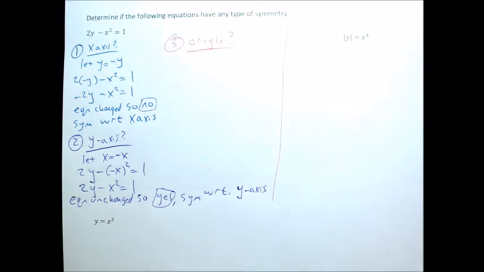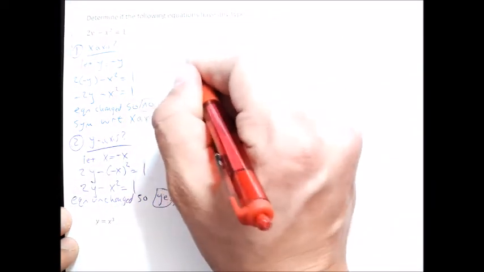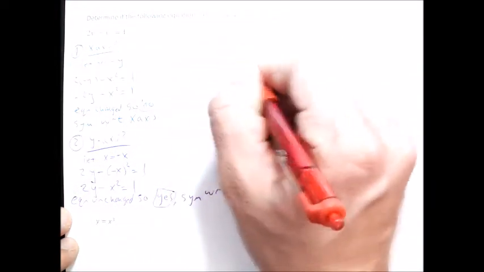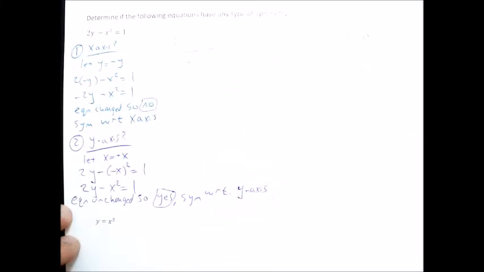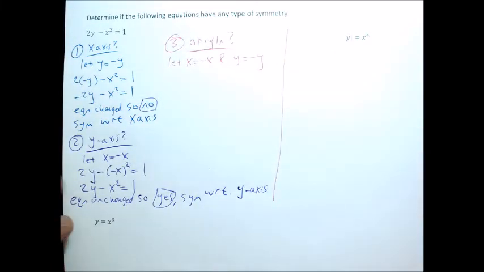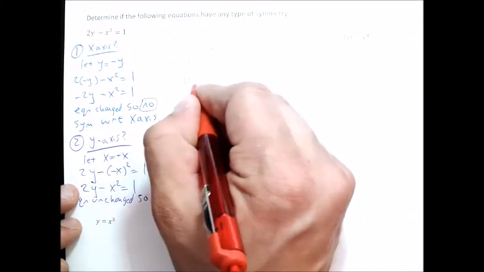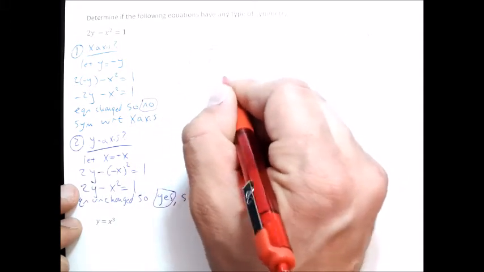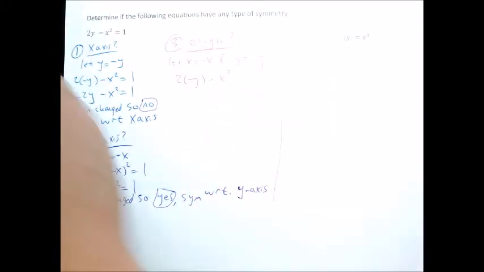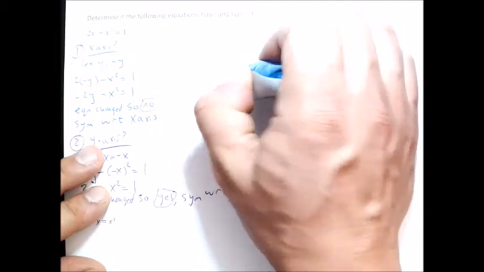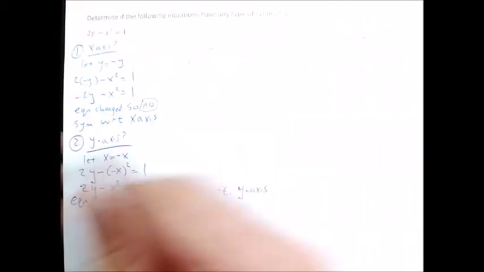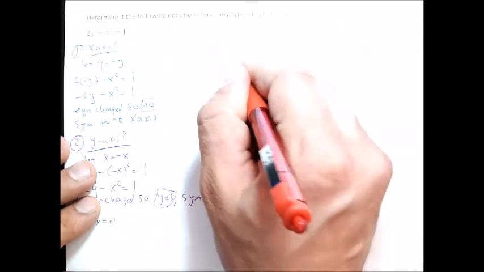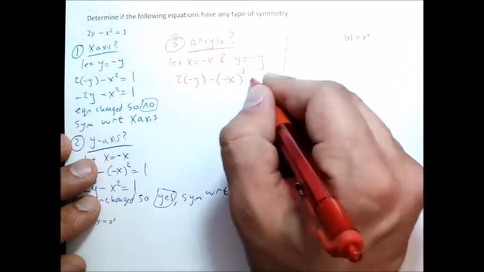And so with the origin symmetry, you do both those things. You let x equal negative x and y equal negative y together. And so when we do that, we get 2 times minus y minus, minus x squared. Forgot to plug in the negative there. Minus x squared equals 1.